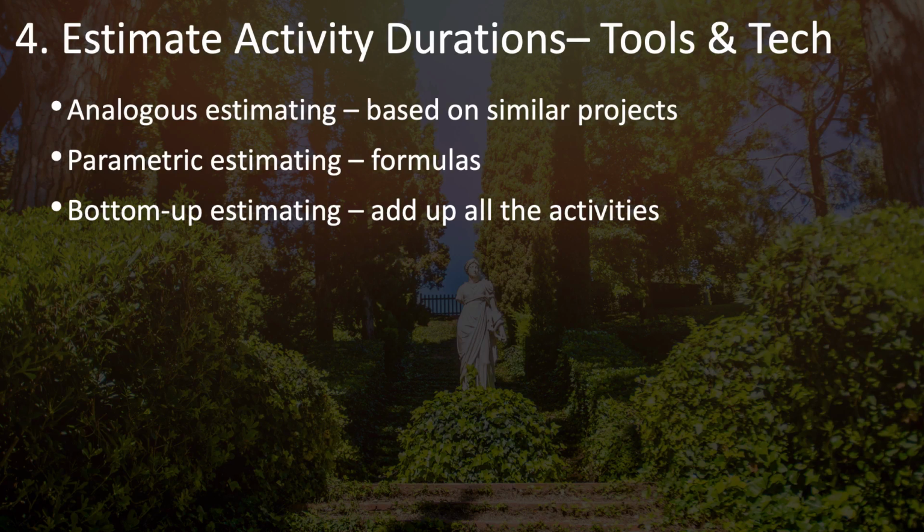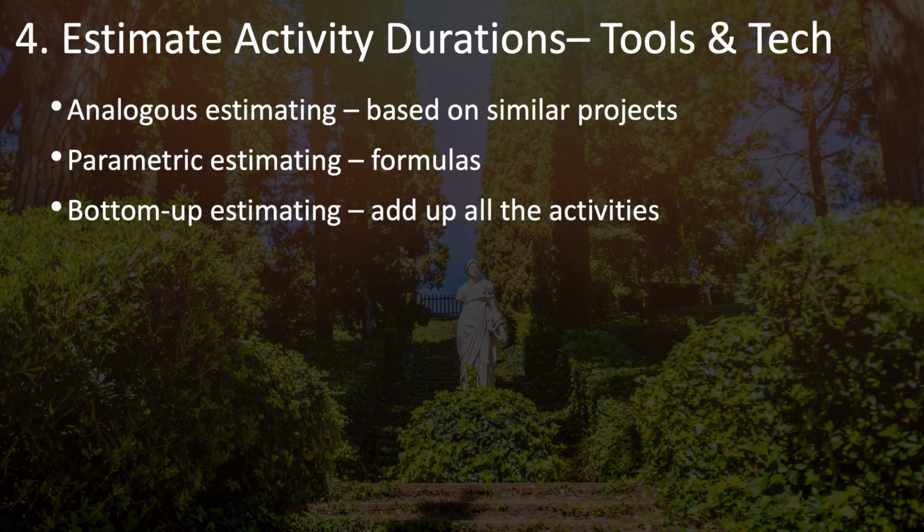If the house has 1,000 square feet, or 2,000 square feet, or 3,000 square feet, whatever it is, you can multiply that by the cost per square foot to come up with an estimate of how much the house will cost to build. Formulas like this for estimating activity durations are known as parametric estimating.